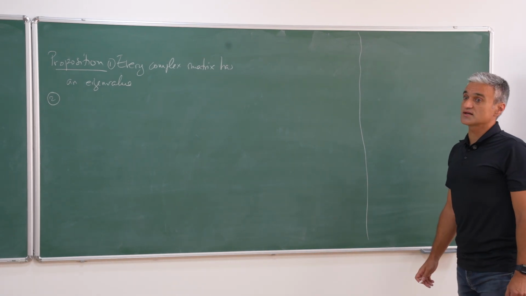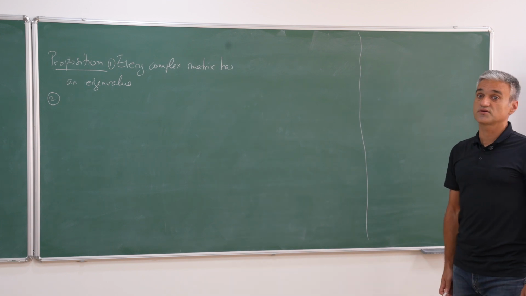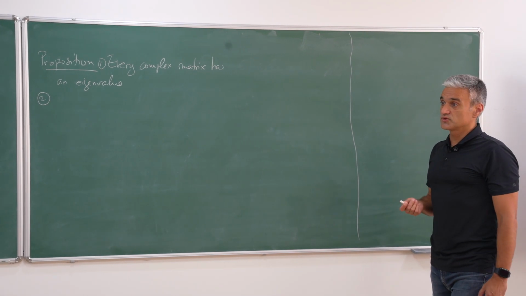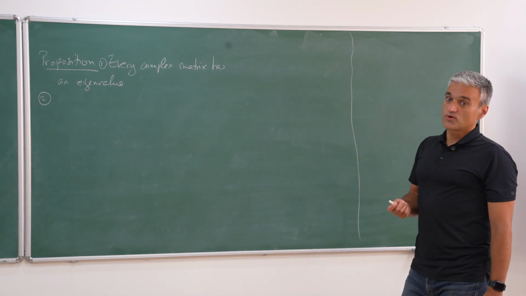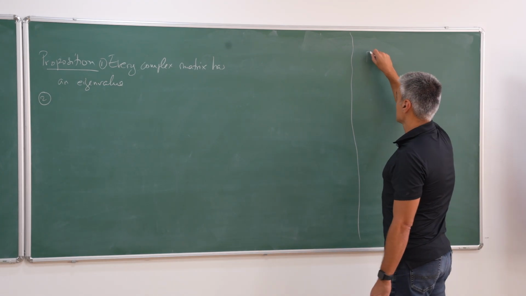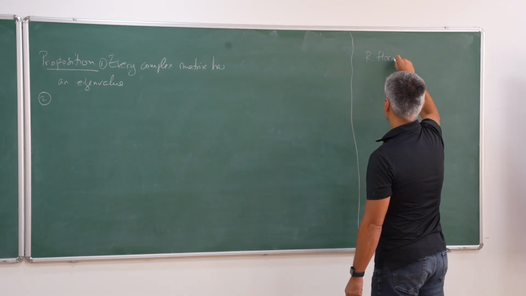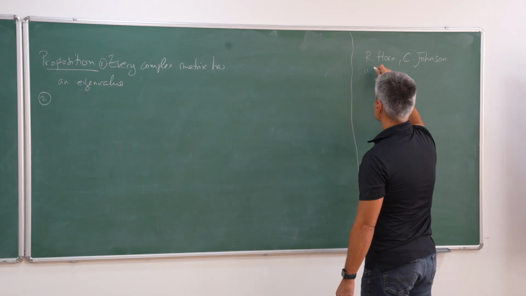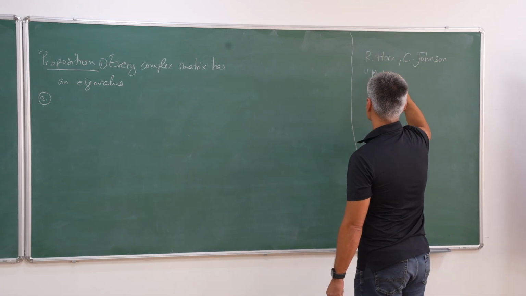Now, in linear algebra, like I said, there are many facts and sometimes you forget things. The book that I use, if I want to recall or find anything about matrices, is a book by Roger Horn and Charlie Johnson, which is called Matrix Analysis.